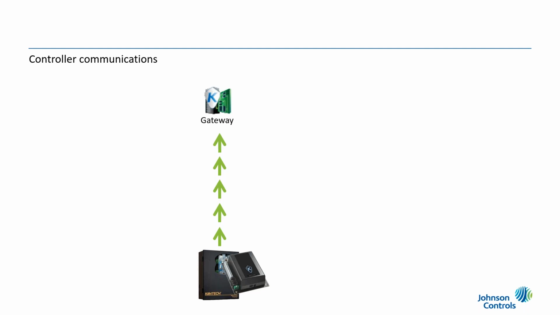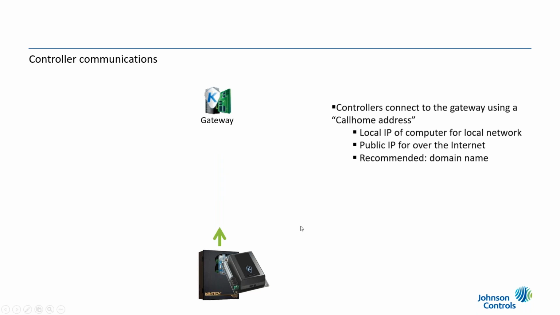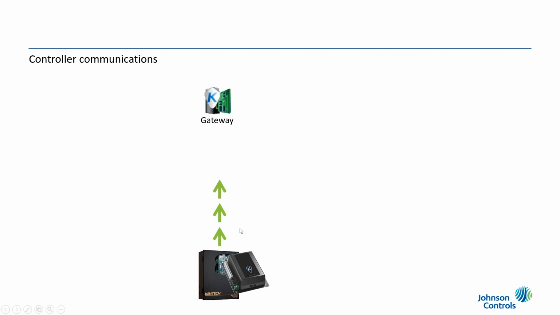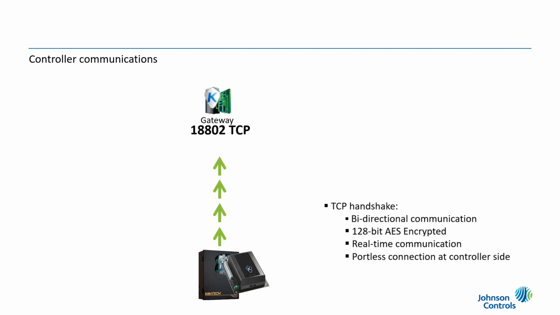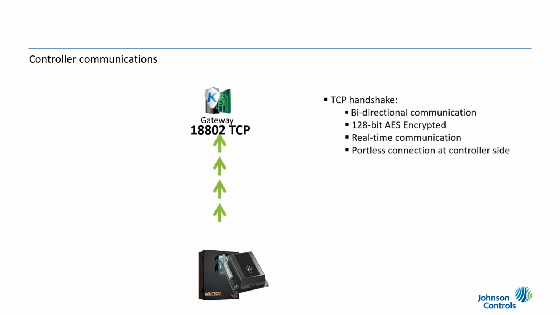So the controllers initiate the first connection to the actual gateway. We use something called a call home address, where the controllers call back to the gateway. Like in the intrusion world, we tell it where the central station is at.